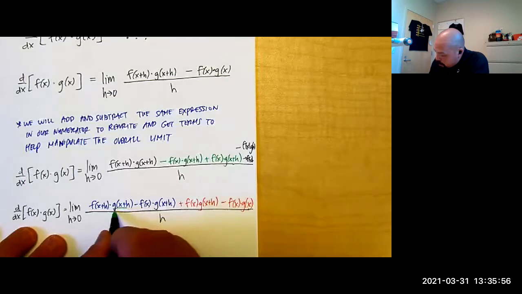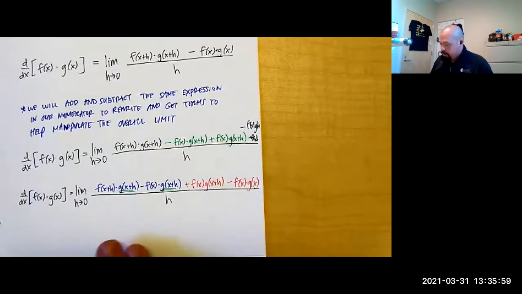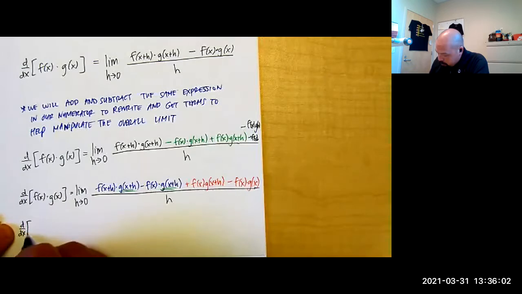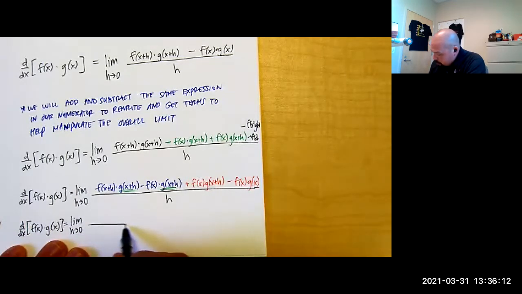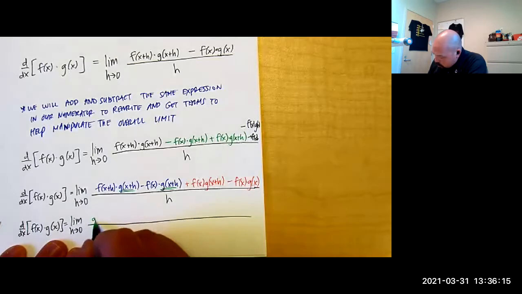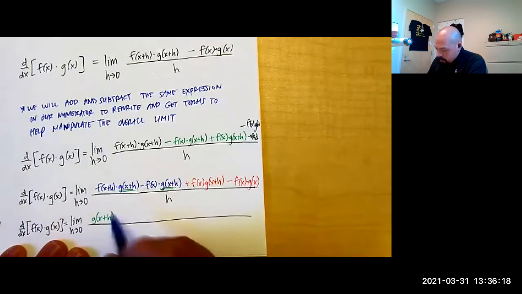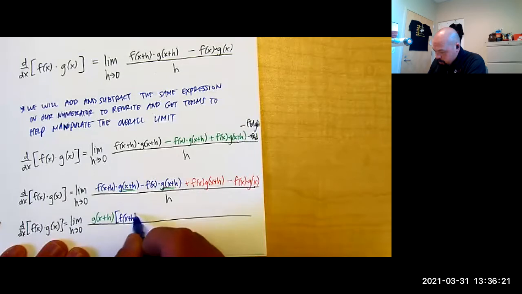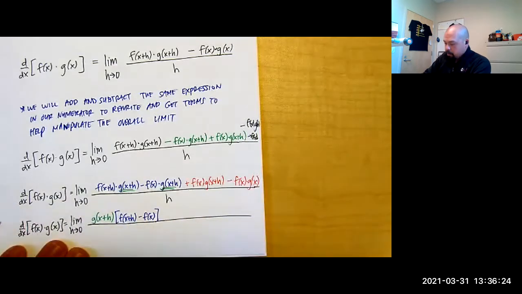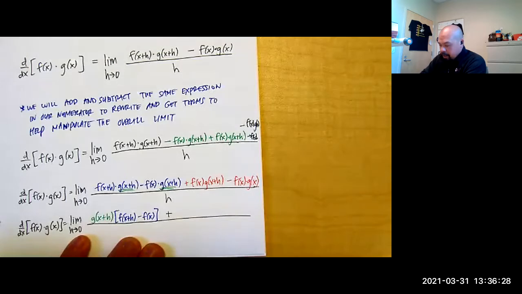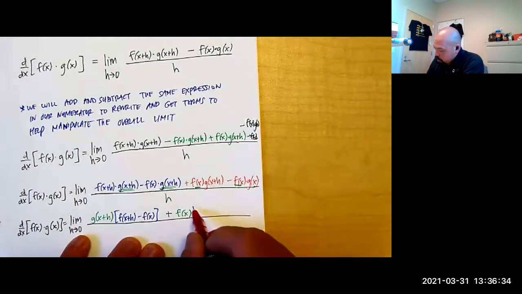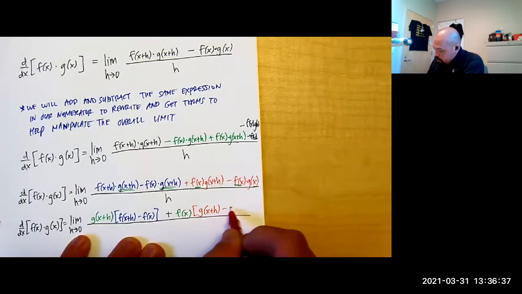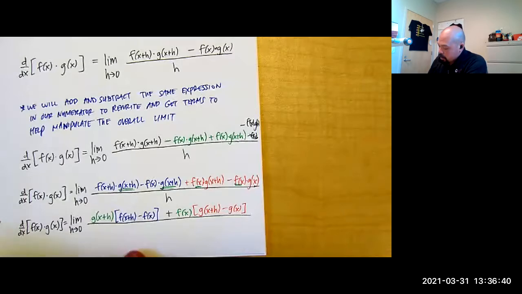So now, right, these share that g of x plus h. We have here f of x plus h minus f of x plus, and on this side, these share the f of x, and left over g of x plus h minus g of x, and those are both still all over h.